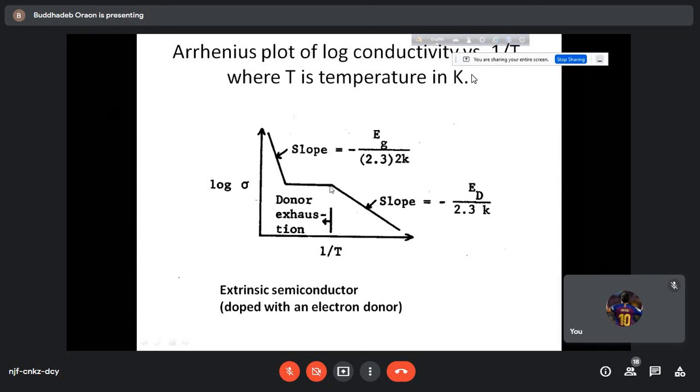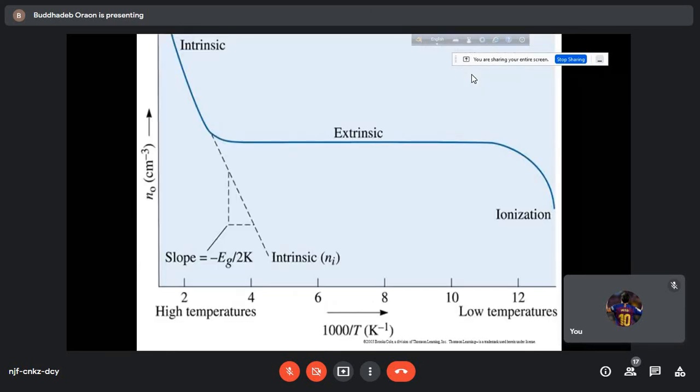That means here the conductivity doesn't change that much. There may be some slight slope. So this is another diagram which shows how the conductivity changes with temperature for different types of semiconductors, intrinsic and extrinsic semiconductors. This is a better diagram.